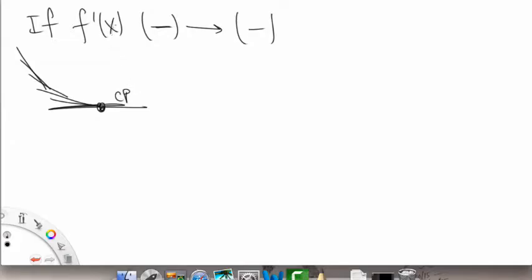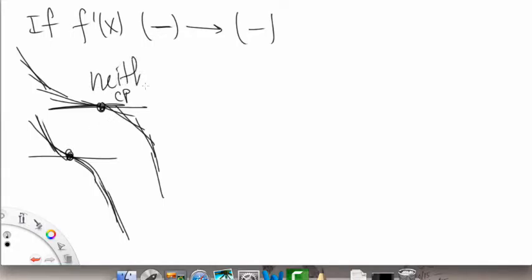If f prime of x is equal to 0, but then it just continues being negative, it keeps going along, so here we see kind of like an S graph, such as negative x to the third power. In the middle we do have a critical point because our first derivative is 0, but we don't have a local maximum or minimum. We just keep going downward. So this is neither max nor min.